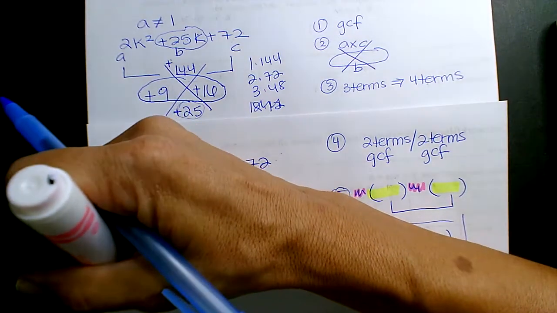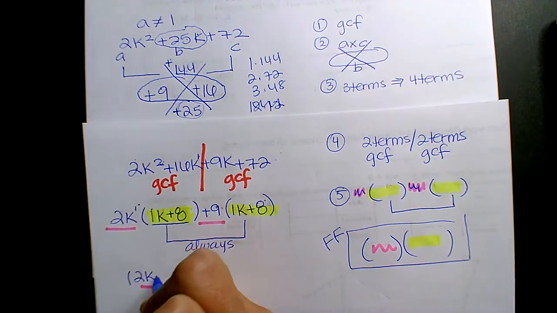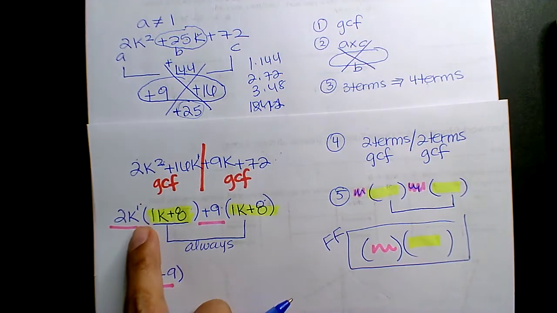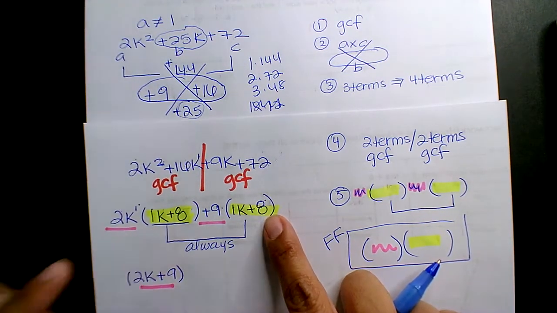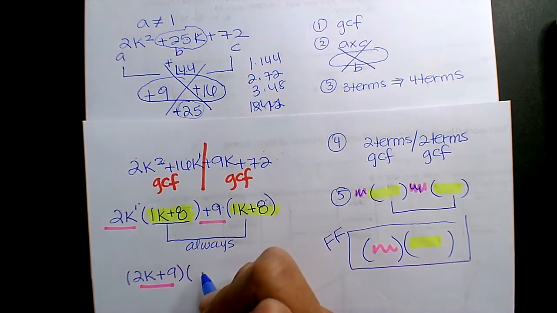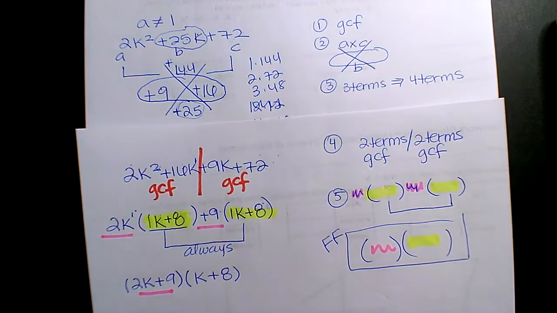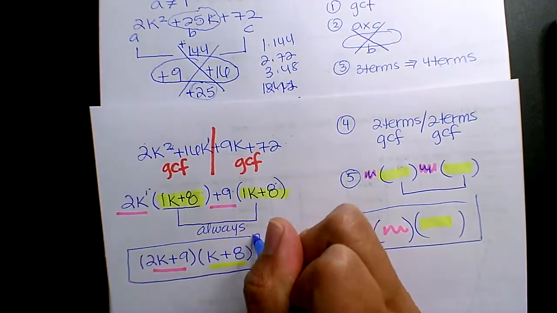They're going to form one binomial, which is 2k plus 9. Because what does this term and this term have in common? The yellow k plus 8. So you're essentially factoring by grouping again. And so that is your end.